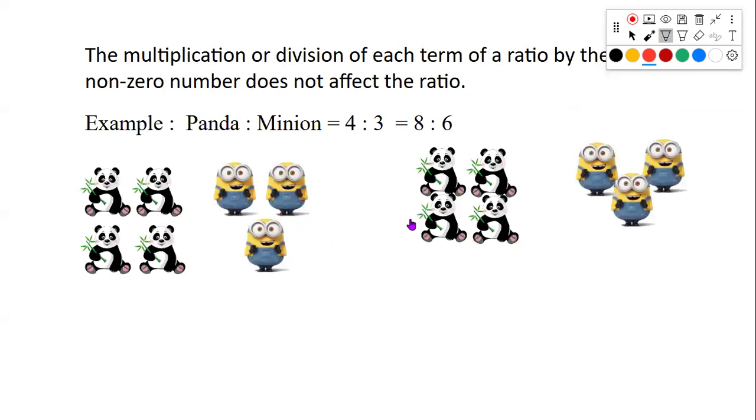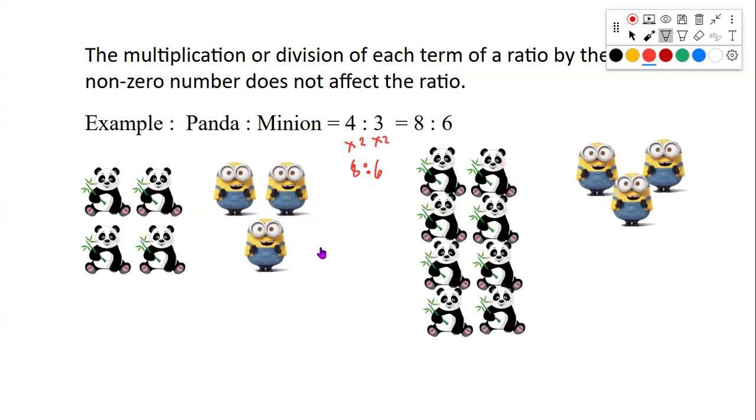Both the terms can be multiplied without affecting the ratio. So on the right side you see 4:3. Now again I multiply 4 by 2 and 3 by 2, so here it is 8:6.